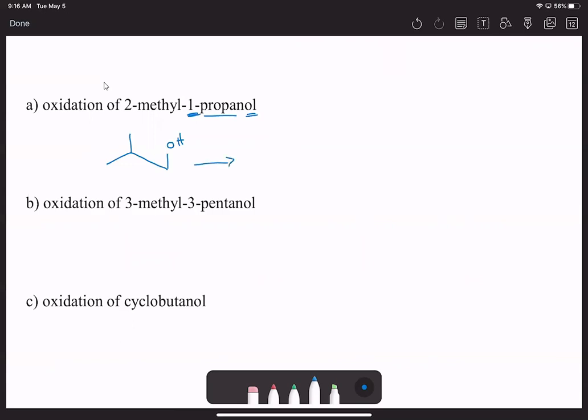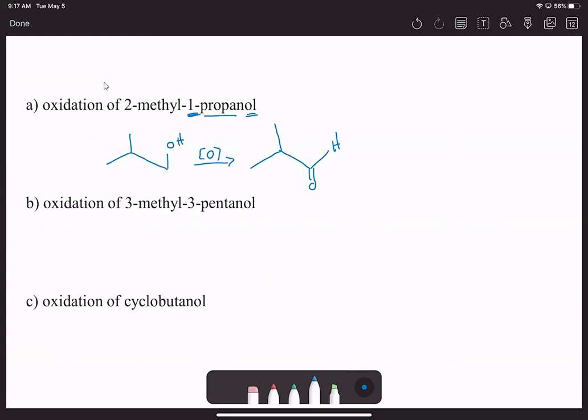Primary alcohol. If I oxidize it once, where that hydroxy group was at, I'm going to form a carbonyl, and I have an aldehyde. It doesn't really matter which direction that O is, carbonyl is pointed. It doesn't matter at this point.